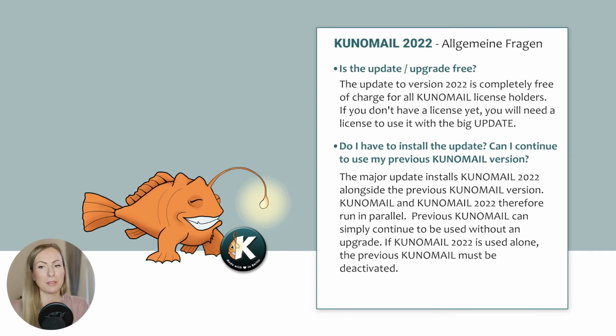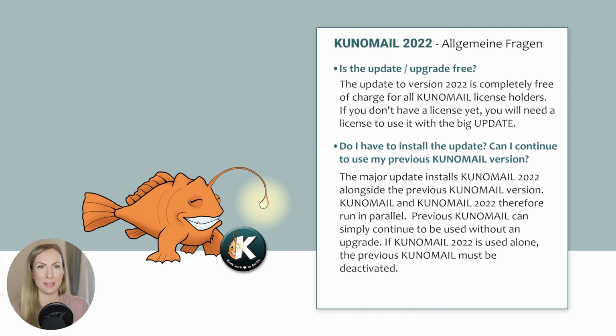So Kunomail 2022 installs the major update alongside the previous Kunomail version, if available. Both versions can be used in parallel. If you don't want to install the big update, just keep using your previous Kunomail.